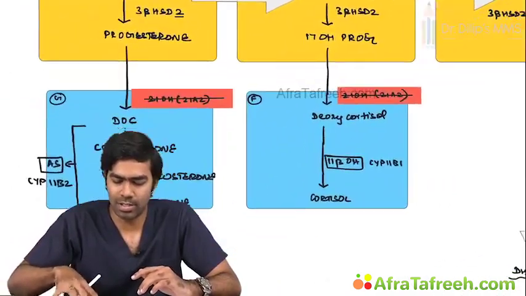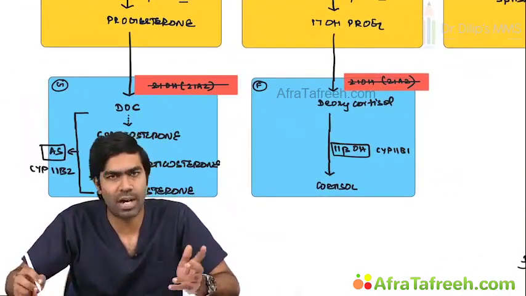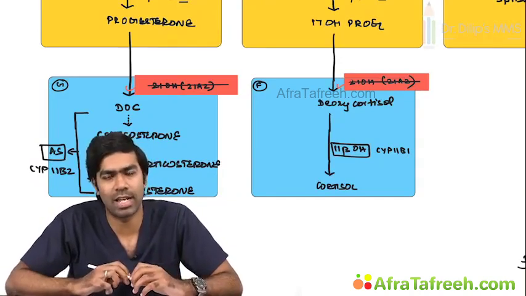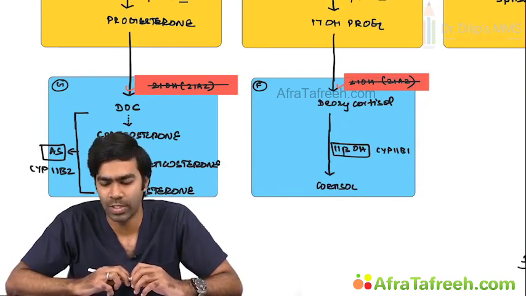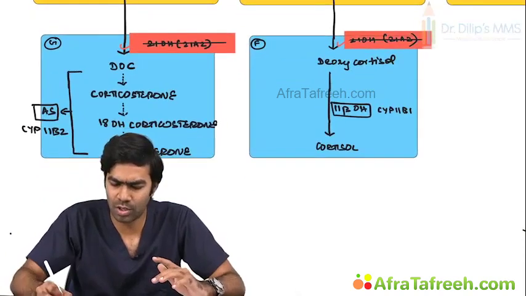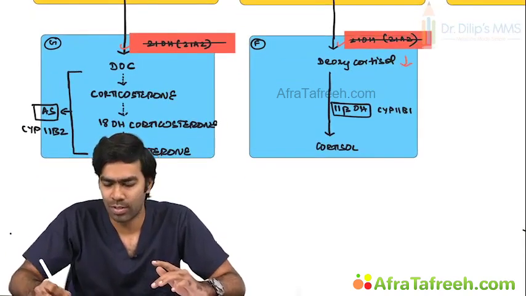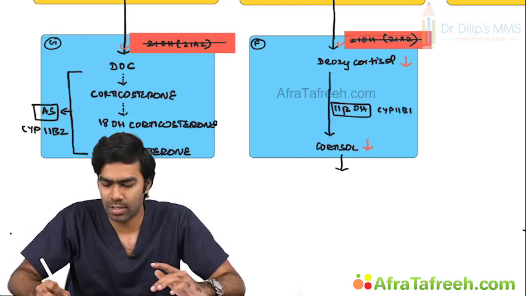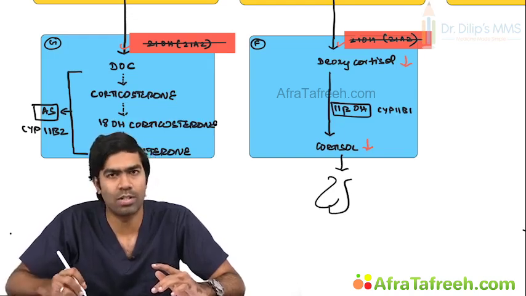So this image will show you where the defect is. I have marked it in red. Here the 21 alpha hydroxylase is the enzyme that is defective, which is not working. So by common sense, it's very clear that your deoxycortisol levels will be low and the cortisol levels will be low. And obviously this low cortisol is going to give feedback to the pituitary.